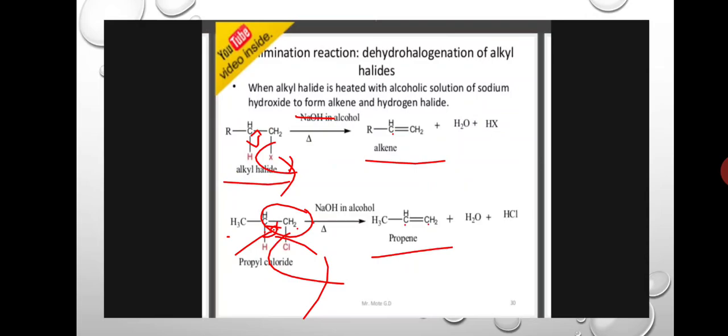That propyl chloride reacts with sodium hydroxide in presence of alcohol. Hydrogen and chlorine are eliminated from adjacent carbons and a double bond is formed between the two carbons. So here propyl chloride reacts with sodium hydroxide in presence of alcohol and heat. Propene is formed, propene plus H2O plus HCl.